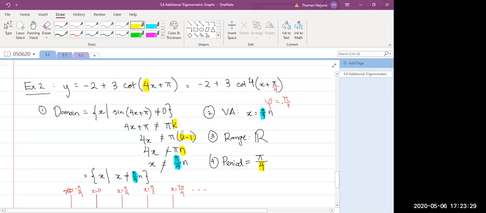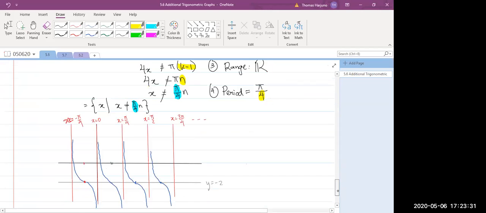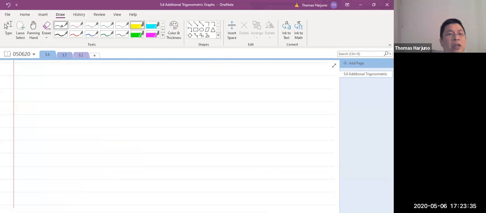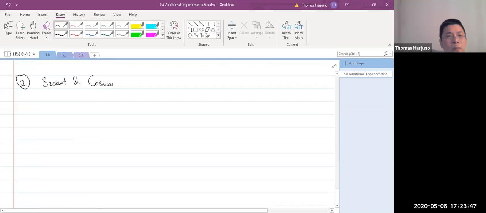Now, let's go on to the one that's slightly more interesting. I don't know if other teachers teach it this way though. How about secant and cosecant? I think I already provided you the foundation.